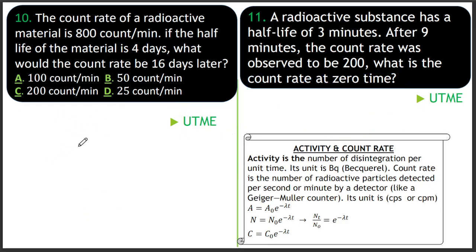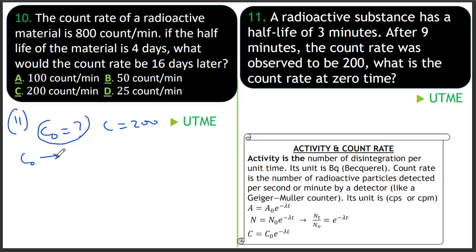So we want to use the arrow method to still solve question number 11. Okay? All right, so I just need to know what C naught is, but C naught is what I'm looking for, and C is 200. All right, so this is where I'm going to stop. But the original count rate, I don't know. So you can start with it. You can either use X or you just use it like that.